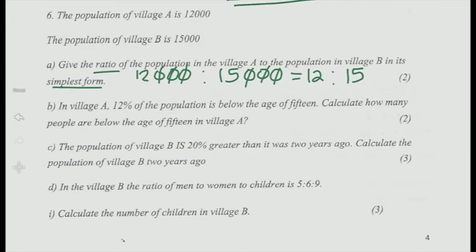There are common factors of 12 and 15, and we are going to use 3. So 3 into 12 goes 4 times. 3 into 15 goes 5 times. So the ratio in its simplest form is 4 is to 5.